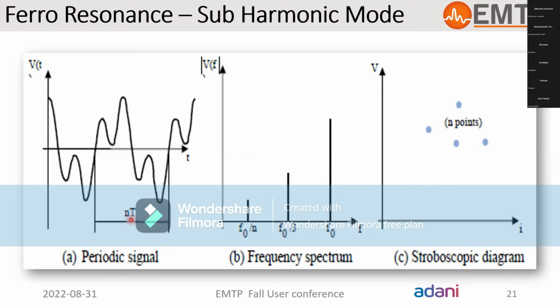But ferroresonance with a submultiple of the power system frequency has a period of n, called period-n ferroresonance. Its frequency content is described as having a spectrum with frequency equal to f0 by n, where f0 denotes the fundamental frequency and n is an integer. With this signal, there are n points in the stroboscopic diagram, and it signifies the predominance of the fundamental frequency component with decreased harmonic content at other frequencies.